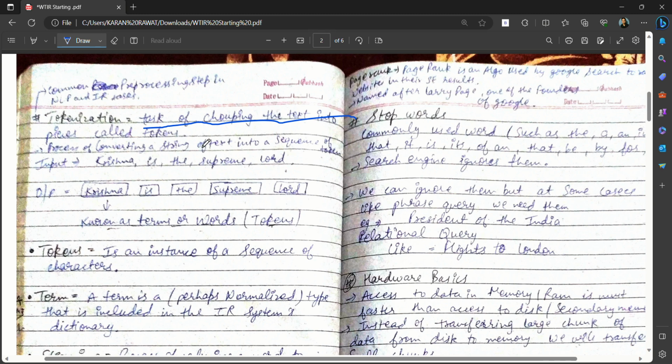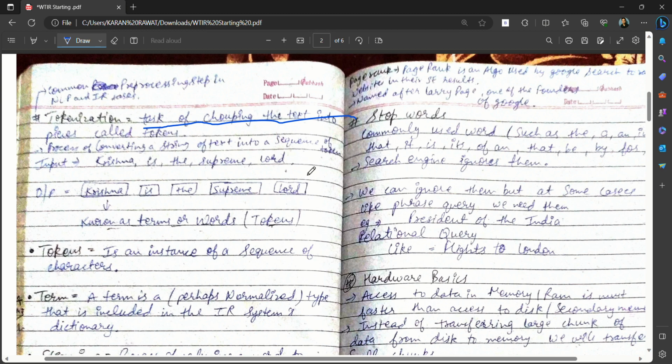The pieces of text that we have chopped are known as tokens, and that complete process is known as tokenization. Very simple. Next is the process of converting a string of text into a sequence of tokens.